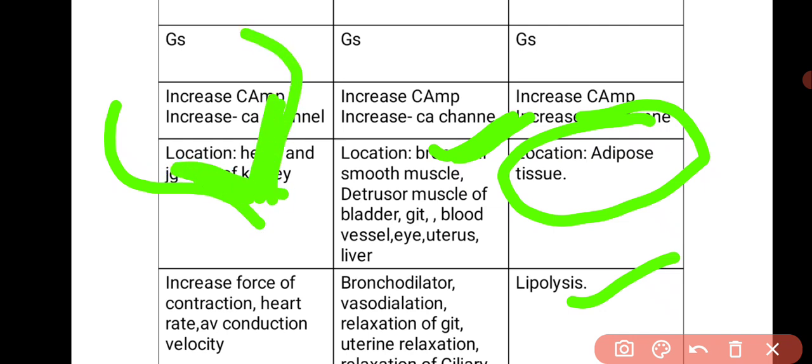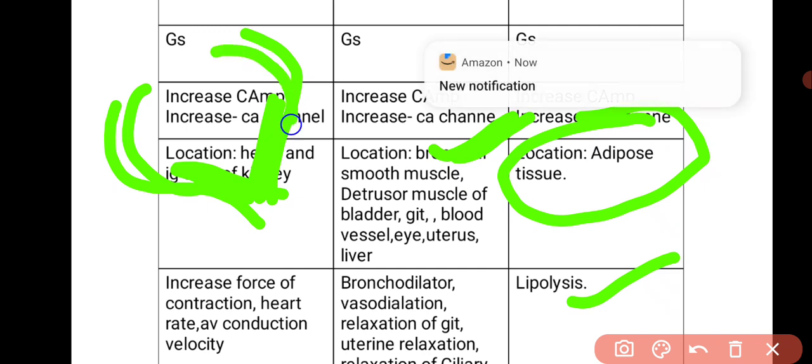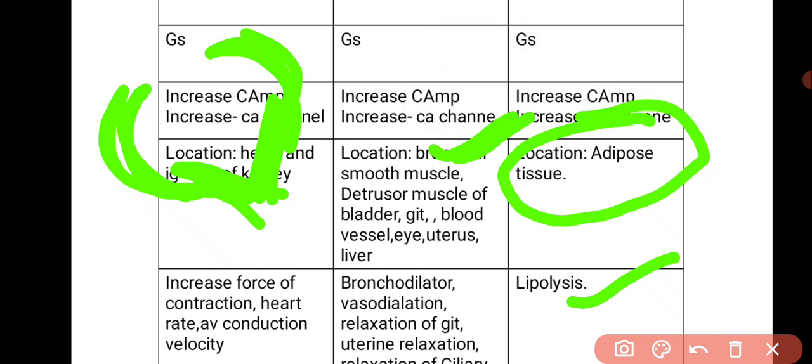Beta 2 receptors are present on the detrusor muscles. Detrusor muscle relaxation causes the holding of urine. If it is compressed, this causes urination, and if it is relaxed, this causes urinary retention.